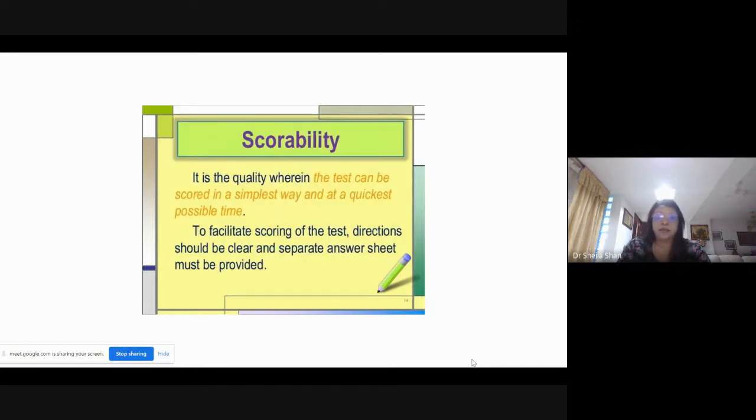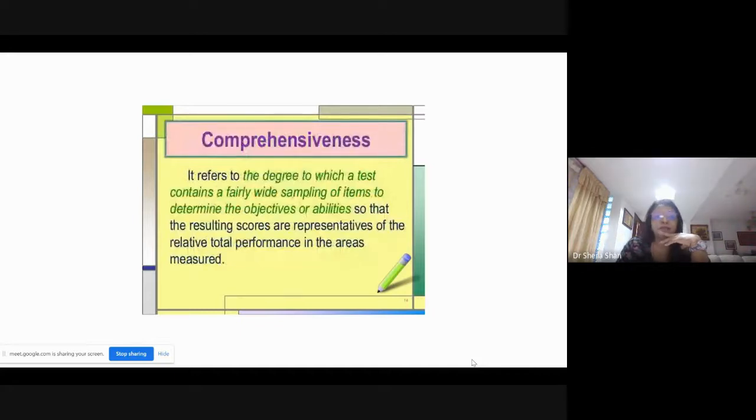Scoreability, we try to do the test in a simple way and the quickest way possible. We don't want to have a very prolonged instrument where students or the respondents become fed up. Now, using Google Form is the best way, and you can get your scores easily and very fast.